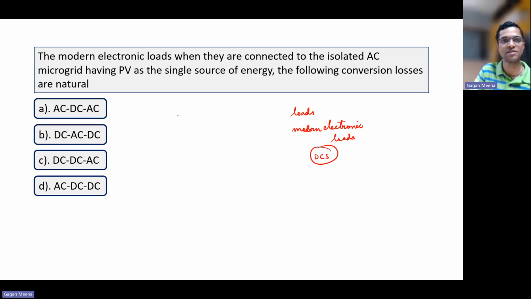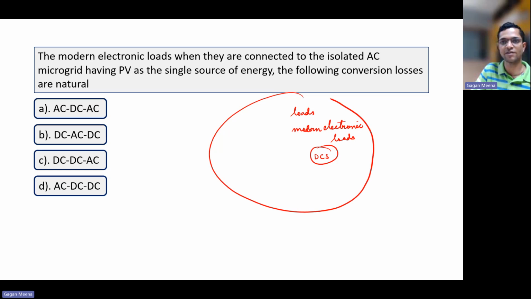And first of all, the microgrid is AC, so it's an isolated, islanded AC microgrid. And the source here is DC.